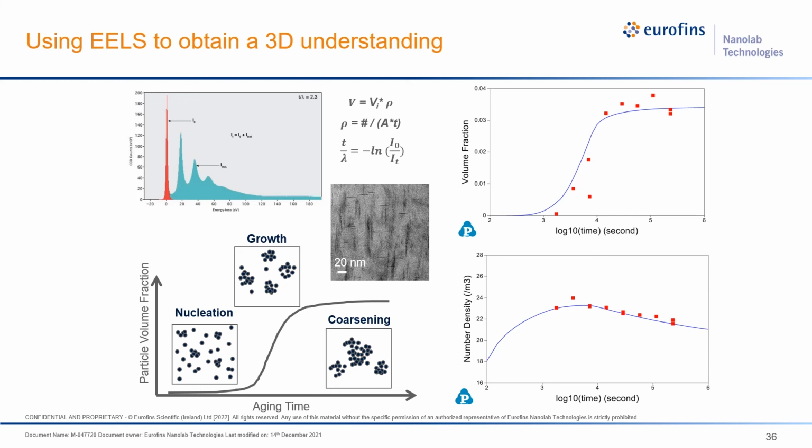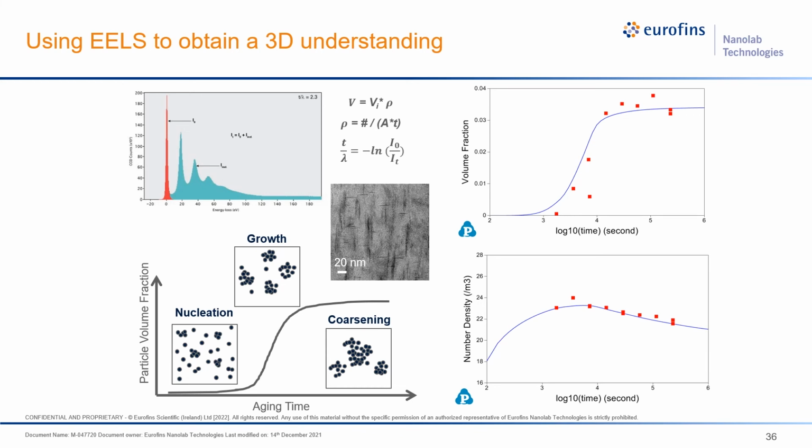So basically, for each TEM sample, we can do this kind of calculation, and we can get the volume fraction of particles inside this TEM sample. So we can prepare TEM samples at different stages of the aging process and get volume fractions of the particles of this material during different times of aging.